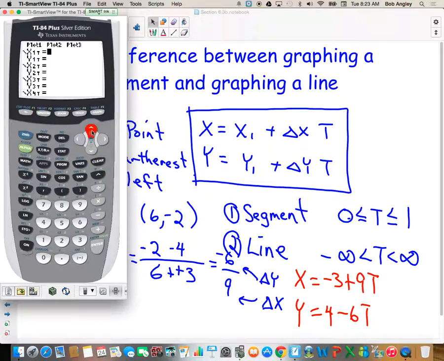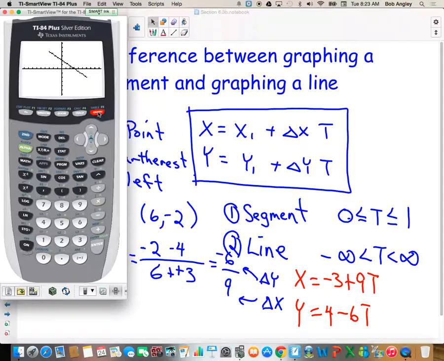Take your calculator out for a second. If we put these two equations in, negative 3 plus 9t and 4 minus 6t, go to window, and for t min put 0, and for t max put 1 for right now. Now if we hit the graph button, now put on trace.